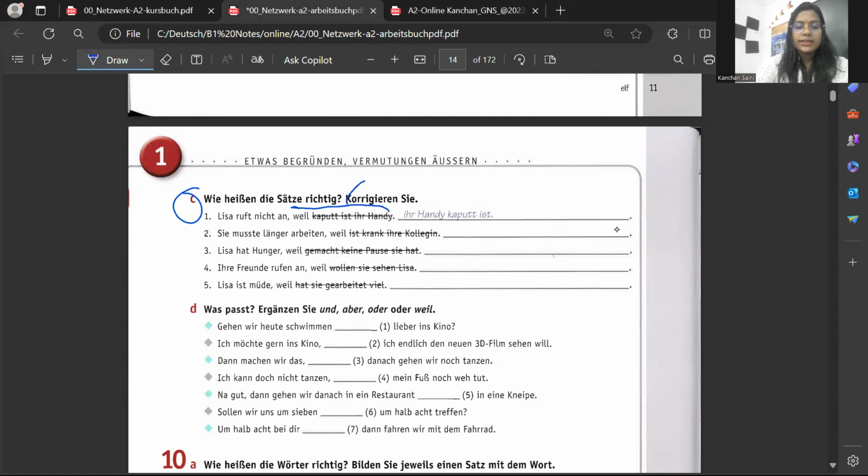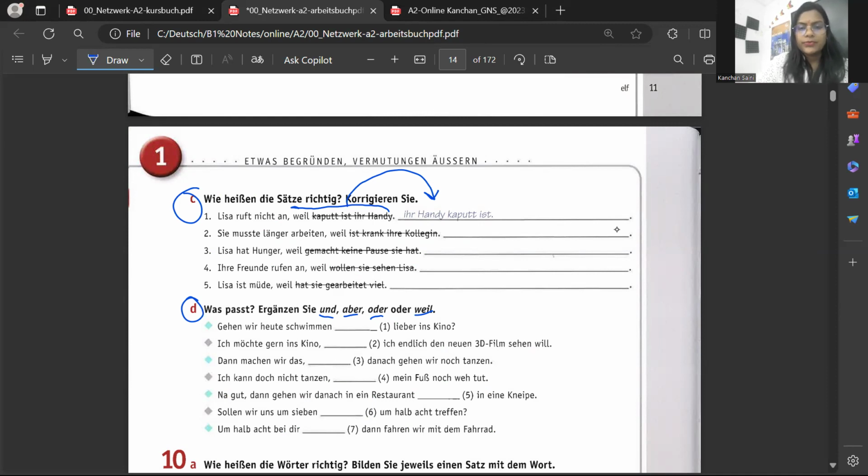You need to correct them and write them again in the Nebensatz form. You have to know the meaning also. And in the D exercise, you have the connectors und, aber, oder, weil. You decide which connector we can use in the given blank. This is the Aufgabe 9c und d, Seite Nummer 12, Arbeitsbuch.